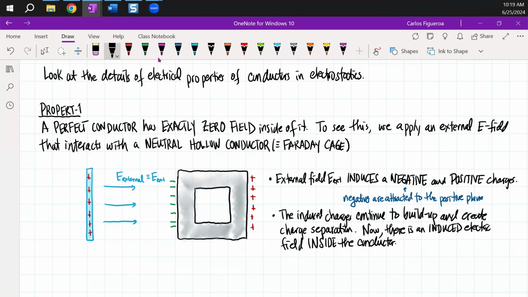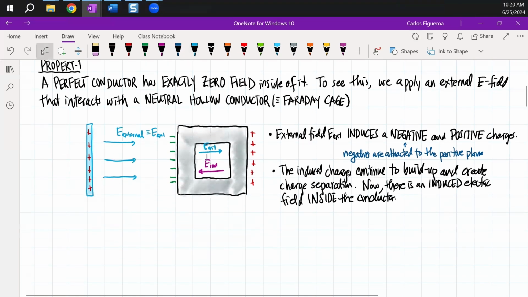So in other words, I am seeing a field going in this direction, which is the induced field right there. But at the same time, I still have this external field, because it goes right through the conductor, right?